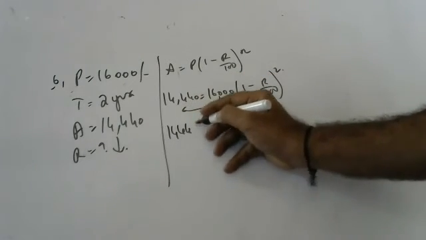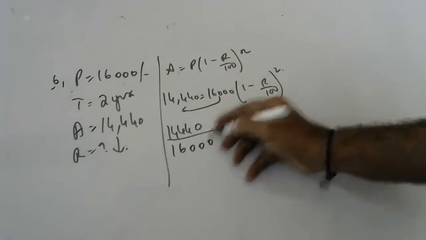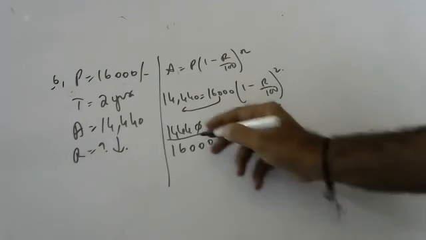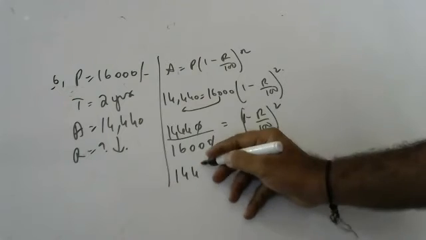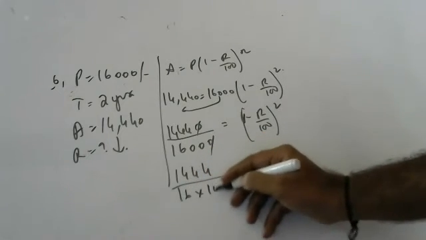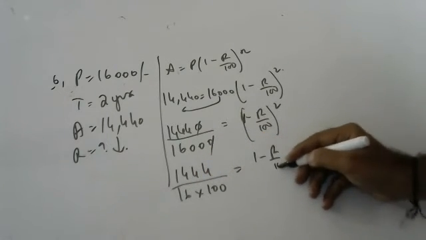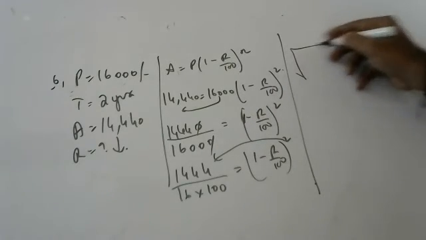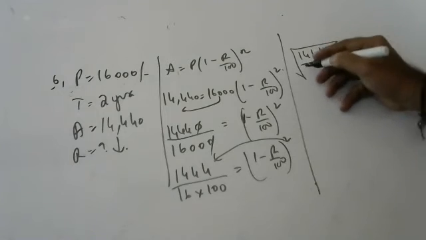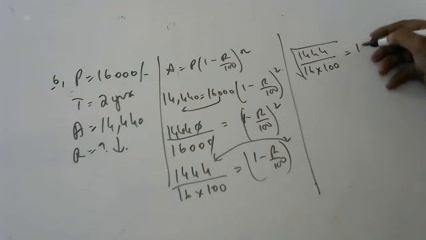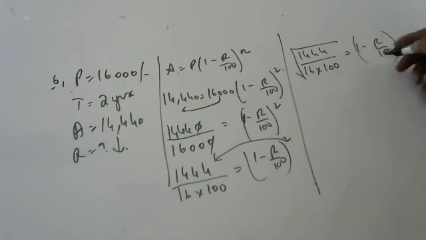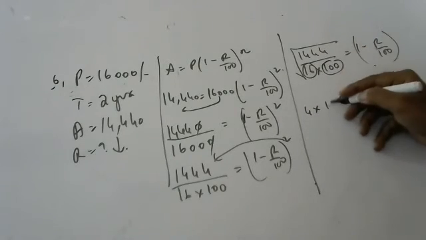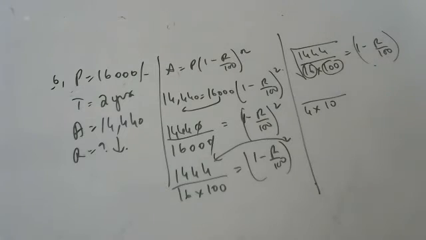So 14,440 by 16,000 is equal to 1 minus R by 100 whole to the power 2. That is 1,444 by 16 into 100, equal to 1 minus R by 100 whole squared. Taking the square root: 16 square root is 4, 100 square root is 10.